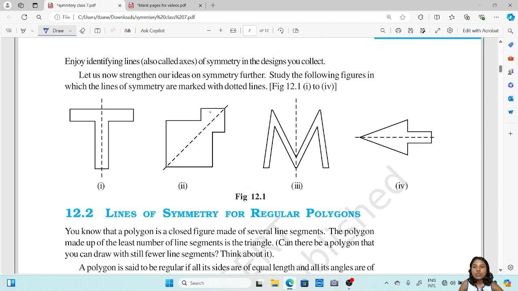Now let us strengthen our ideas on symmetry further. Study the following figures in which the lines of symmetry are marked with dotted lines. Now see here. This is the alphabet T. If you fold this in the direction where the line of symmetry is marked, and we fold it in these two halves, we will get exactly the opposite of the equal side of the other.